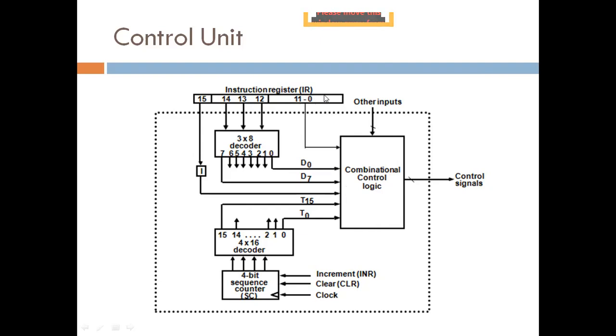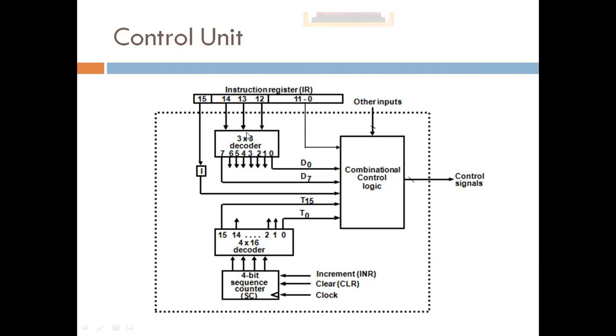So basically IR contains the whole instruction. The instruction register is divided into three parts. Bits 0 to 11, that means the first 12 bits, store the address value. Then bits 12, 13 and 14 store the opcode, and bit 15 stores the value of I. The operation code in bits 12 to 14 is decoded with the 3x8 decoder.